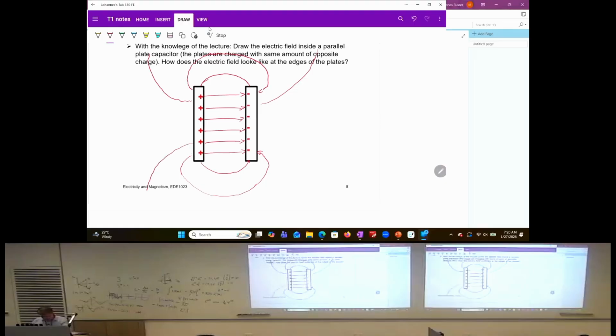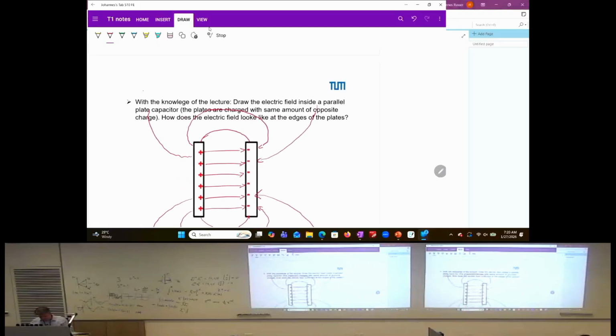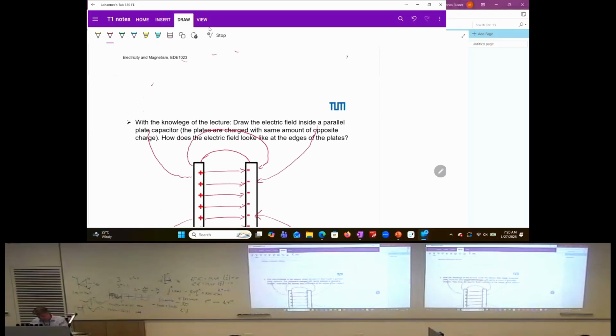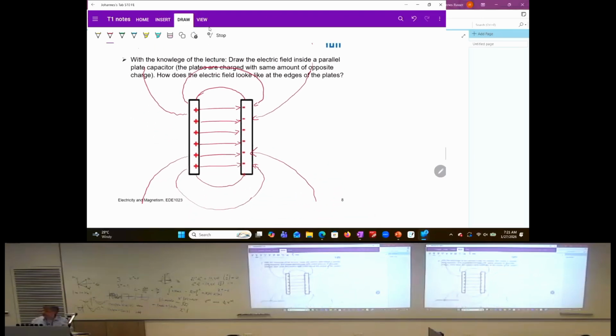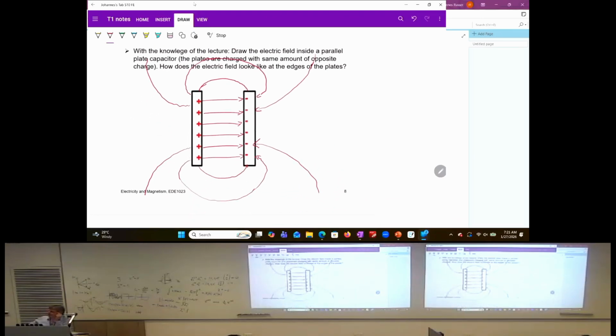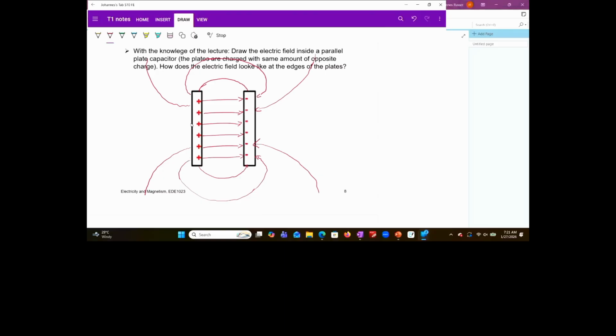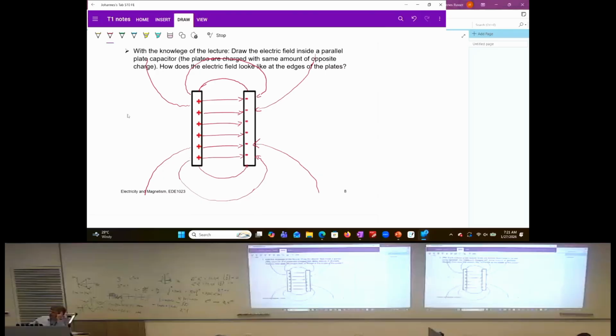And if I plot that here, please keep in mind that this line actually continues somewhere down there and closes here. So what you see at this parallel plate capacitor is that these field lines also come out from the back side. But you see that here you have some fringe fields.